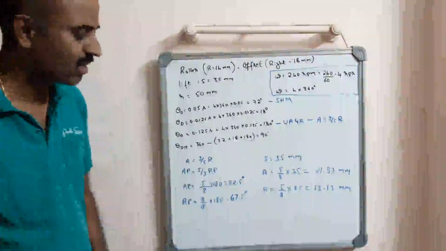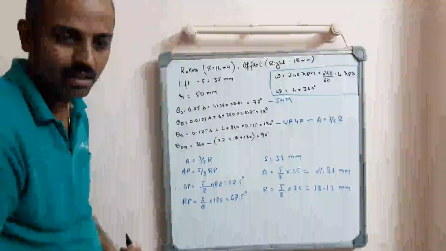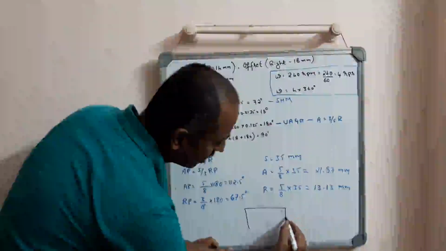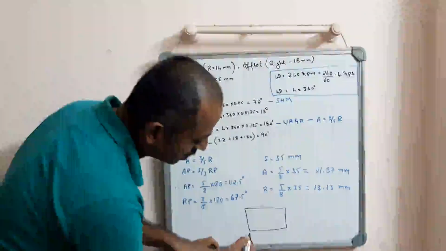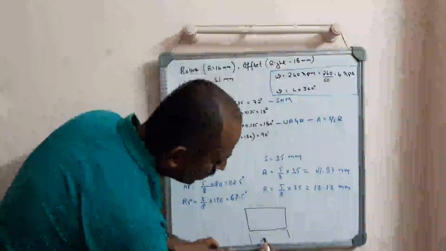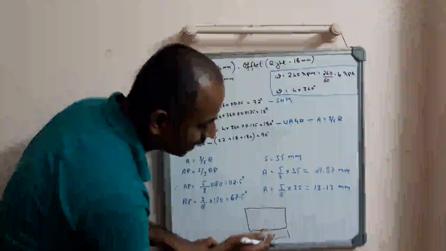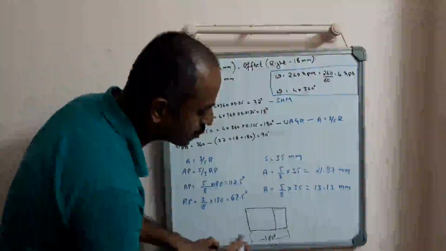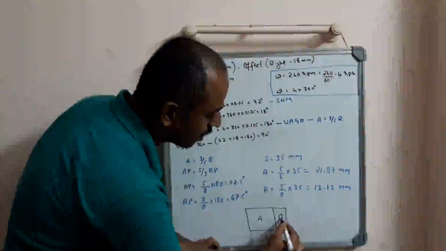It means while drawing the displacement curve in the displacement diagram, suppose this is the region of return stroke, which is equal to 180 degrees. Out of this 180 degrees, 112.5 degrees is for acceleration and 67.5 degrees for retardation.